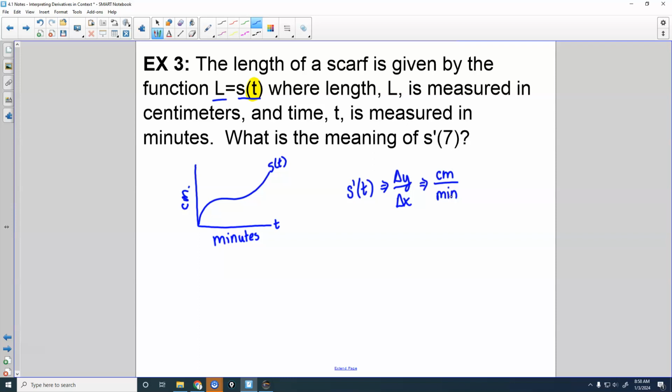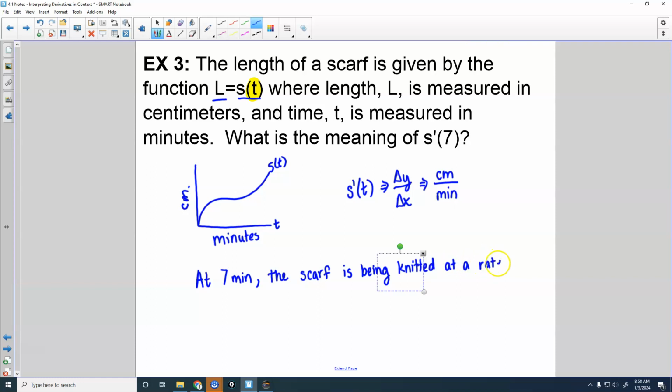So you would need to say, because this is S prime of 7, you would need to say at 7 minutes, the scarf is being knitted at a rate.